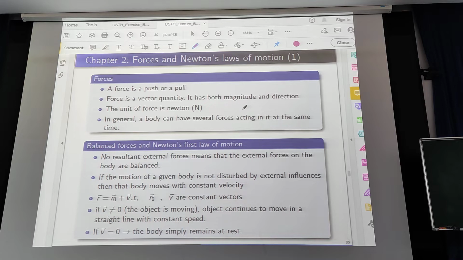So today we move to the new chapter. Chapter 2, we will learn about force and Newton's laws of motion.